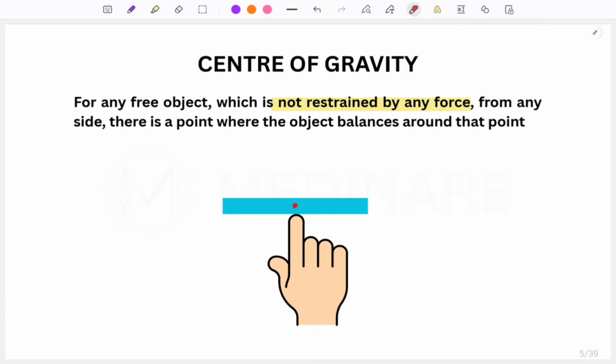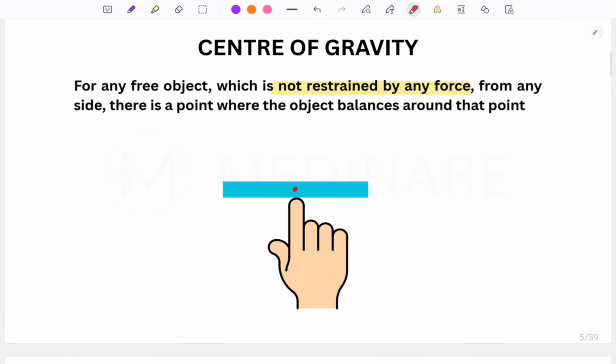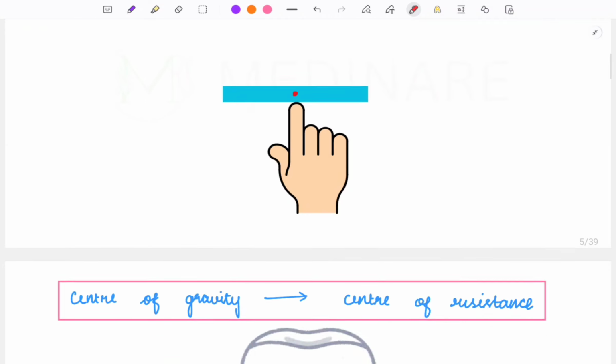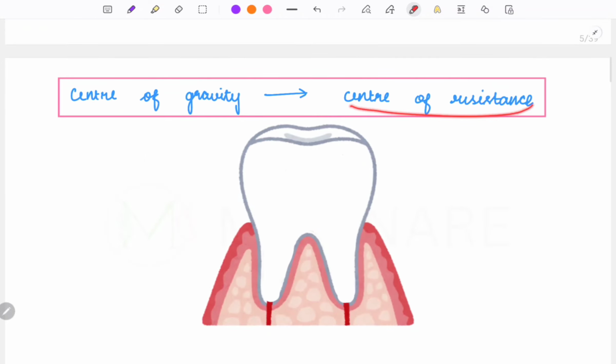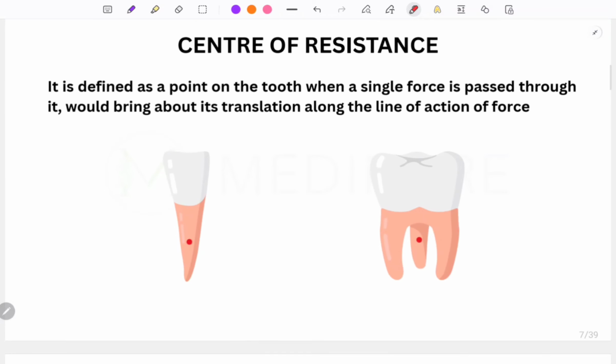Simple. So similarly, if there is no force acting on that particular object, it will not move. It will stay balanced at one point, that is center of gravity. But when force, the component force, comes into picture, that center of gravity is now changing into center of resistance. I hope that makes sense.